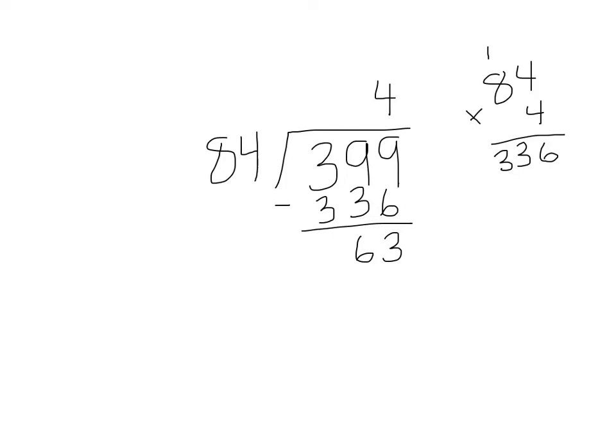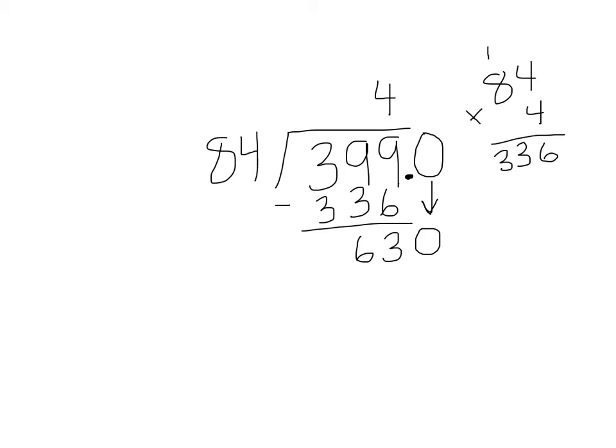above the 9. The next thing I must do is I need to add a 0 to the end of my problem. And you always do this because there are no remainders when you're working with decimals. Next, that 0 that I just added is going to go straight down below next to my 63 to make it 630.